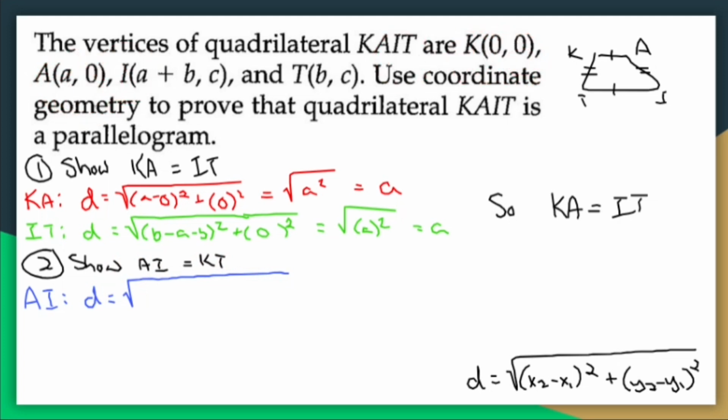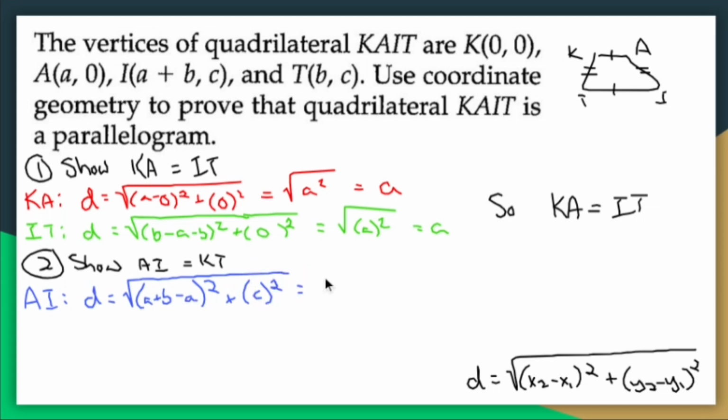I'm looking at AI, so let's let u be the 1's and u be the 2's. So x sub 2 is a plus b minus x sub 1 is a squared plus c minus 0, which is just c squared.